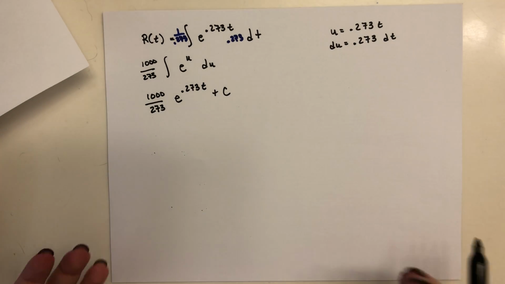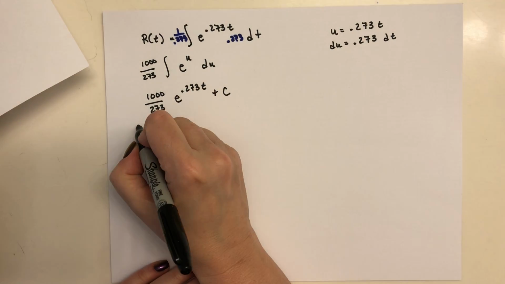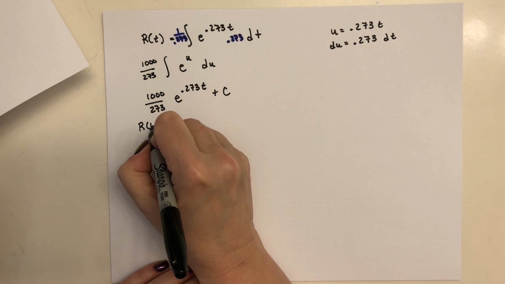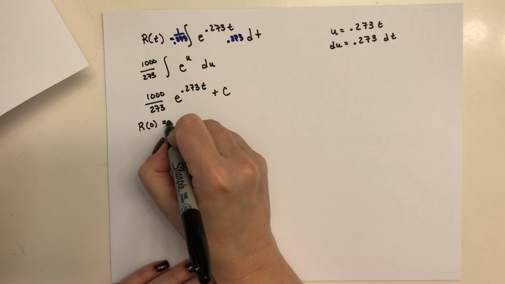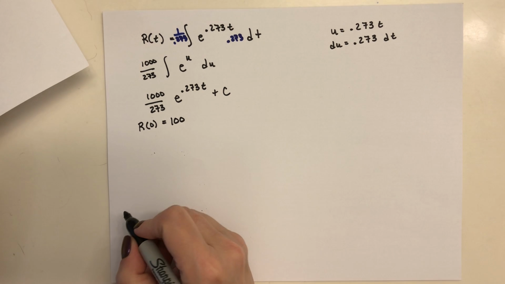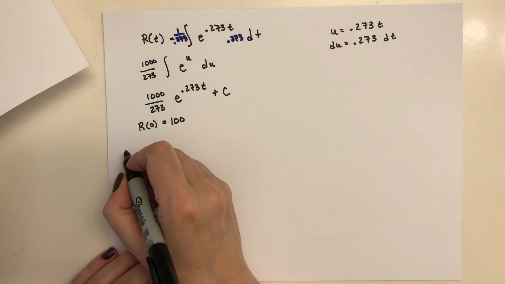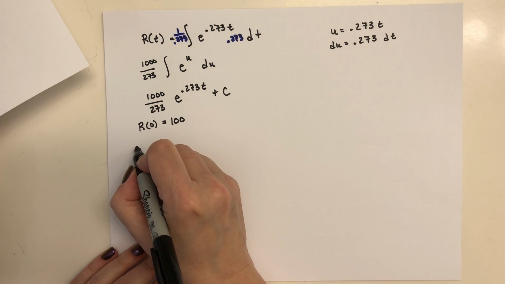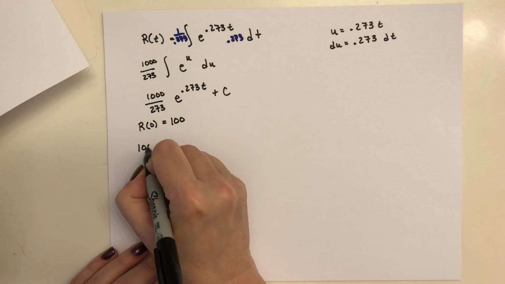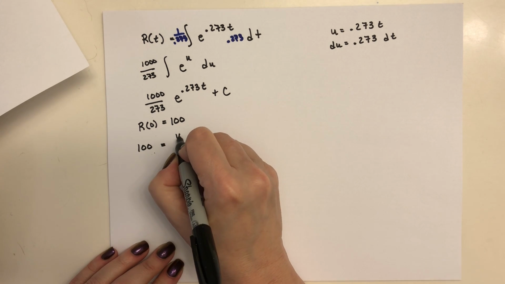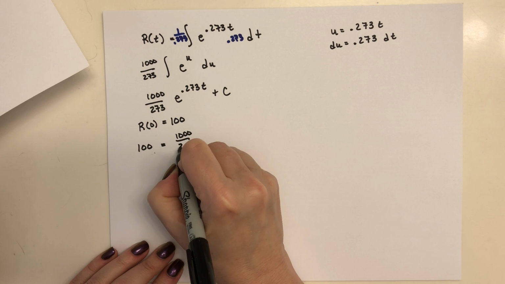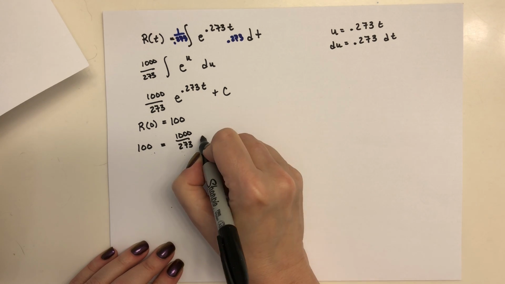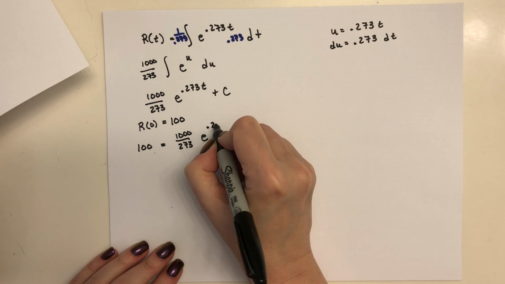Unfortunately, I've got to find out what c is, but I know that at time 0, the value of my function is 100. So I'm going to use that to help me figure this out. I will know that this function is equal to 100 anytime I let t be equal to 0.